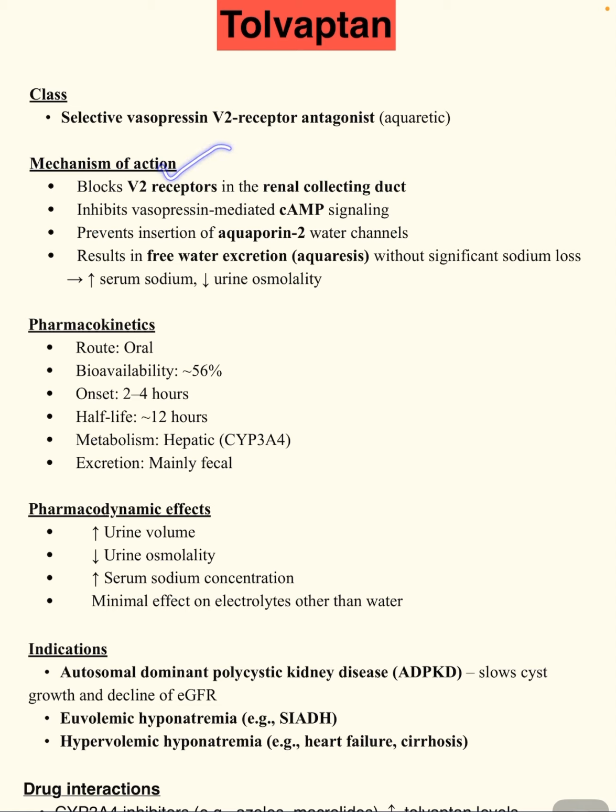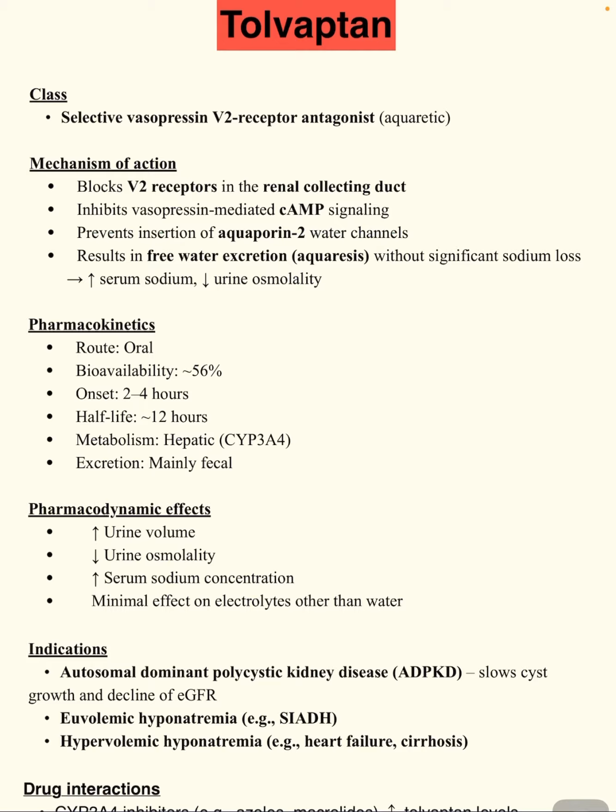Tolvaptan blocks the V2 receptor in the collecting duct, which inhibits insertion of aquaporin 2 that in turn prevents water reabsorption and causes free water excretion. This process is called aquaresis, not natriuresis. So, urine volume increases, urine becomes dilute, and serum sodium rises slightly. Remember, tolvaptan causes aquaresis without significant sodium loss.